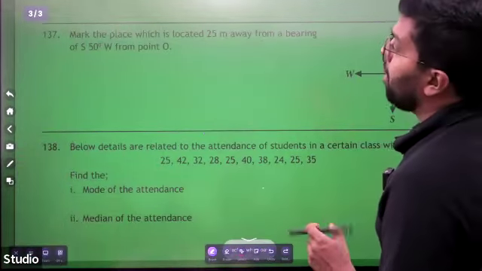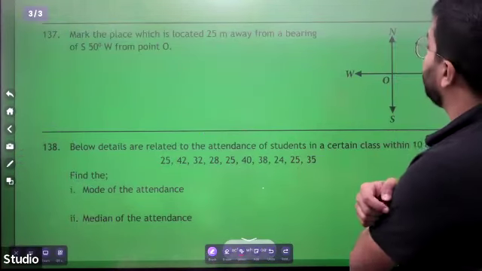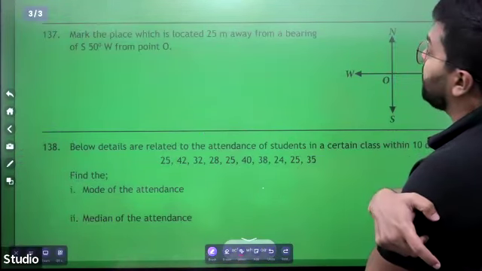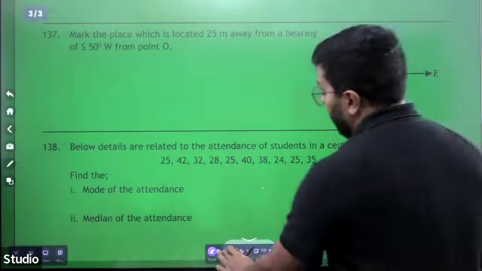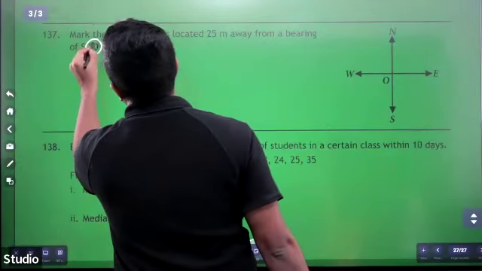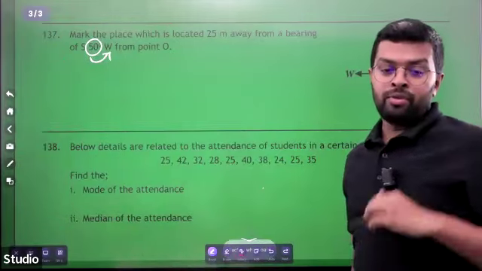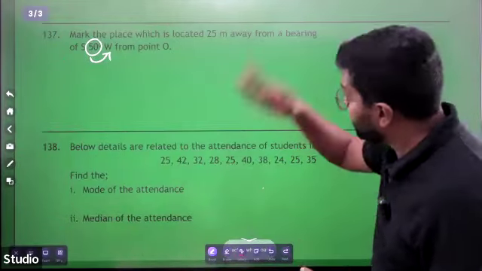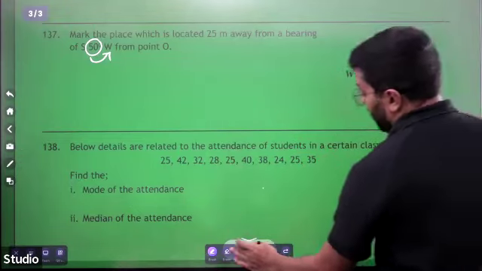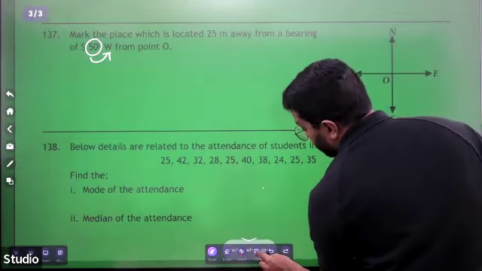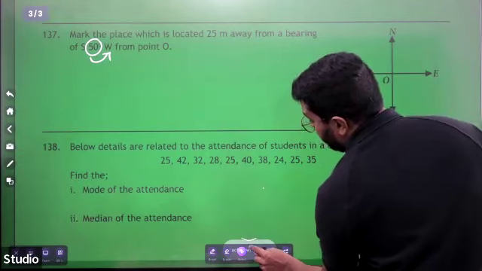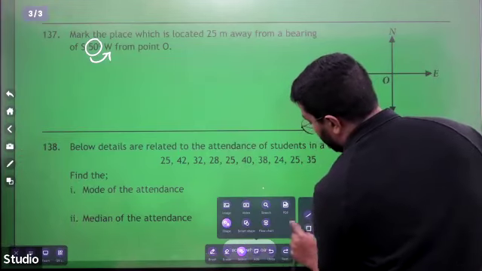137. Mark the place which is located 25 meters away from a bearing of 50 degrees towards west from south. So you are turning towards west direction from south.